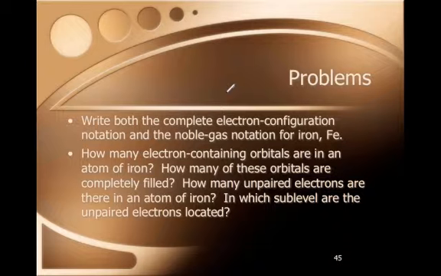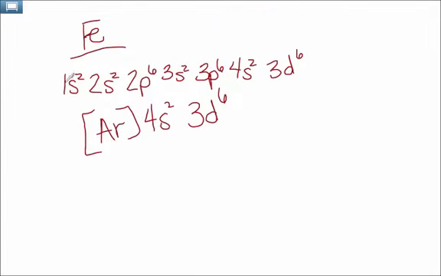The electron-containing orbitals. It's going to start asking questions about this. How many electron-containing orbitals are there in iron? We want to go through each of these and look at how many orbitals there are. So in the S sublevel, how many orbitals? I'm going to put a little 1 here just to mark it. S has 1. P has 3, and then 1.